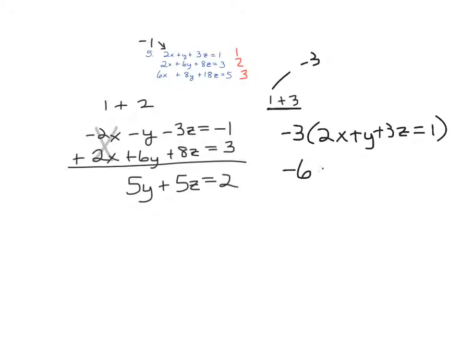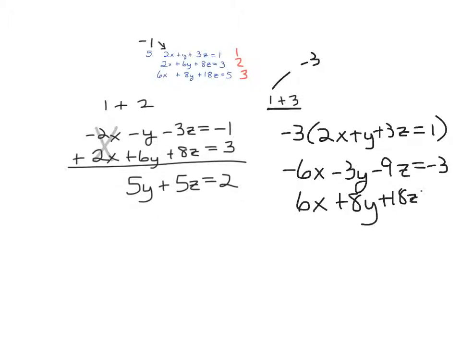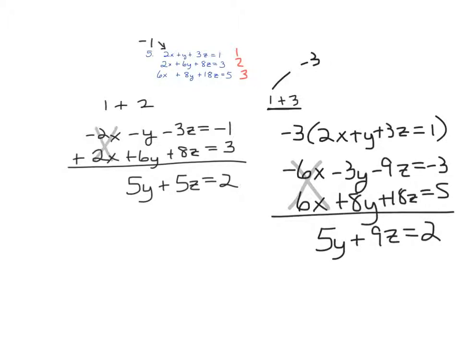Distribute it, and I get -6x minus 3y minus 9z equals -3. I'm going to go ahead and write equation 3 underneath it, and then I'm going to add up and down. So the x's again cancel. I'm left with 5y plus 9z equals 2.